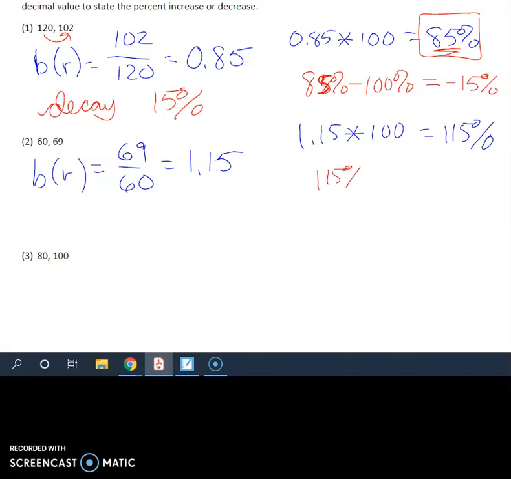Take the 115%, subtract 100% away from it, and what I end up with is 15%. So in this problem, because my answer is positive, it's a growth, and hopefully you can see that's a growth because the answer is going up, and it's a growth by 15%. So this is a 15% growth problem, where the previous problem was a 15% decay problem. Again, because this one's 15% above 100, where the other is 15% below 100.